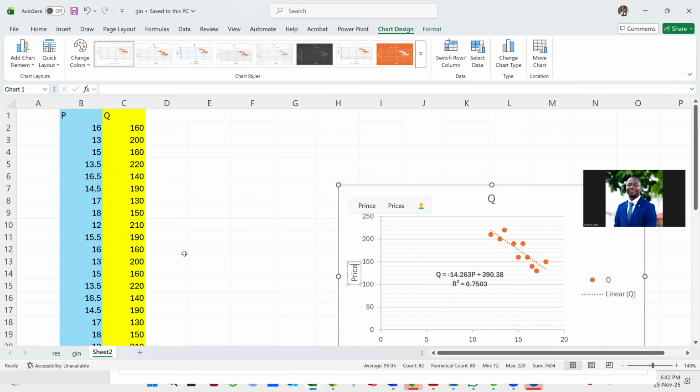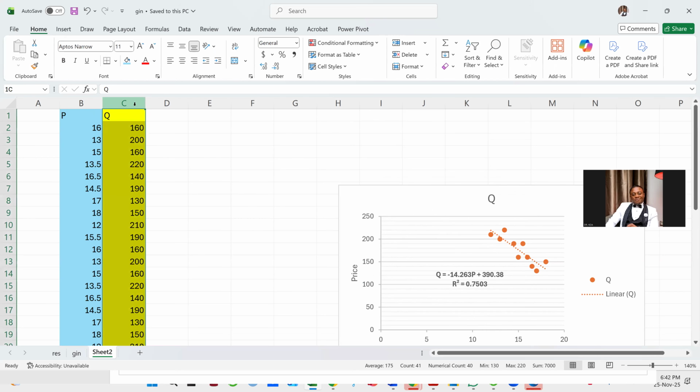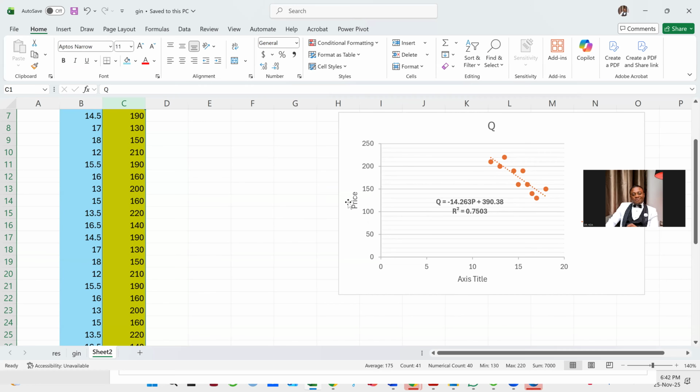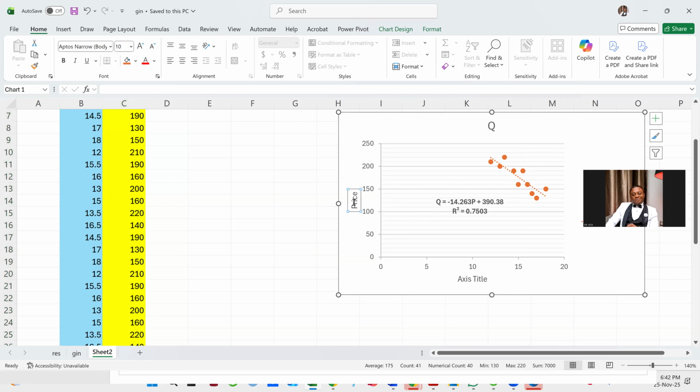And in fact, sorry, it's a quantity. It's a quantity demanded. And one way you can see that is that you look at the values here. The values are in hundreds and 200. And you can see that the axes are exhibiting hundreds and 200. And so let me just write quantity. And when you come to the x-axis, is a price. So you can just type price.